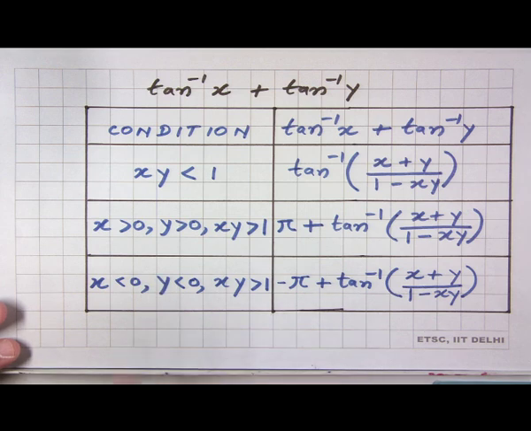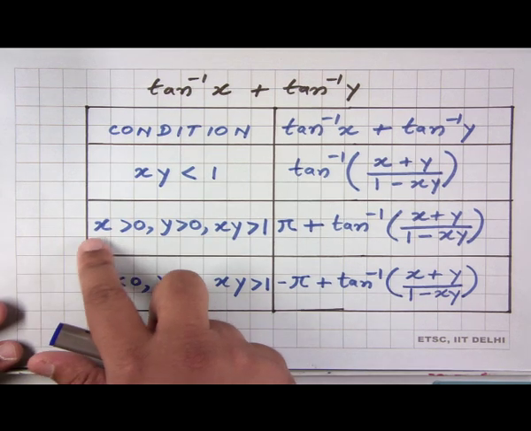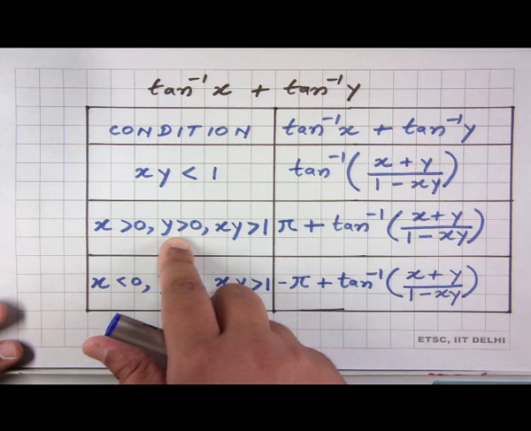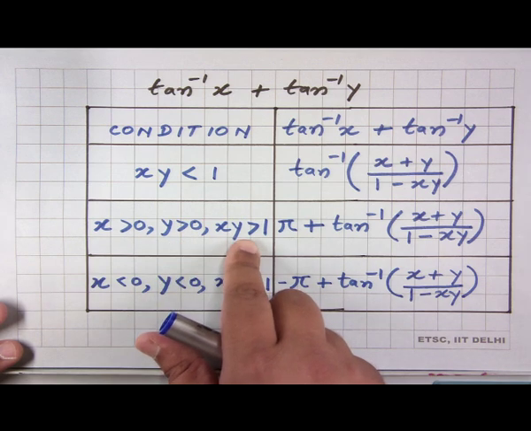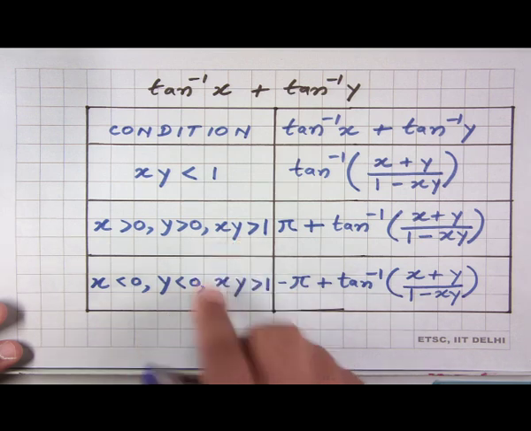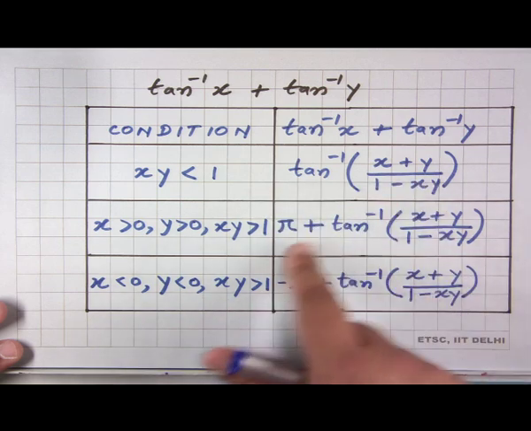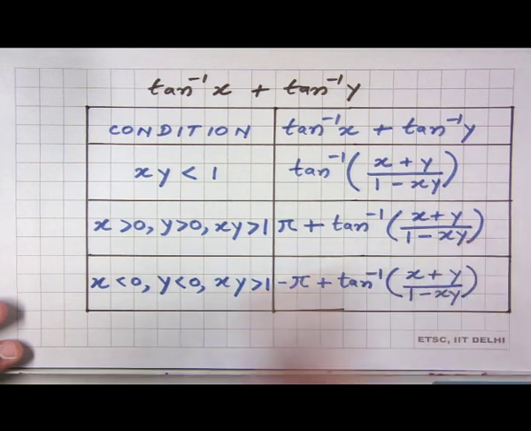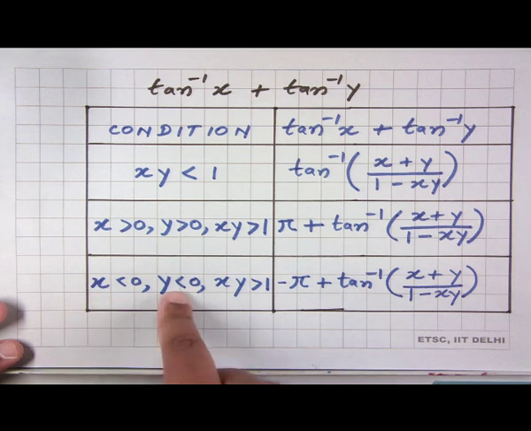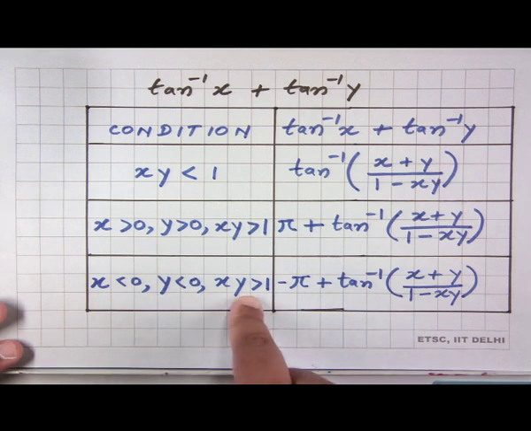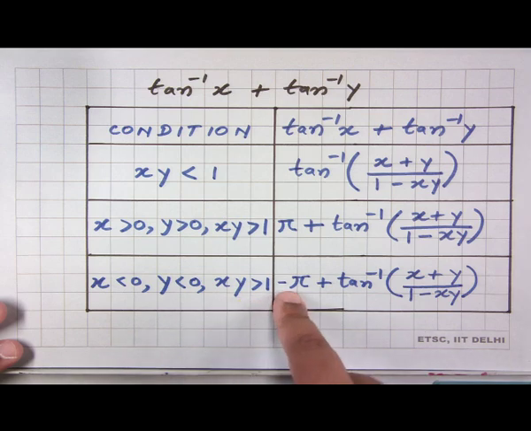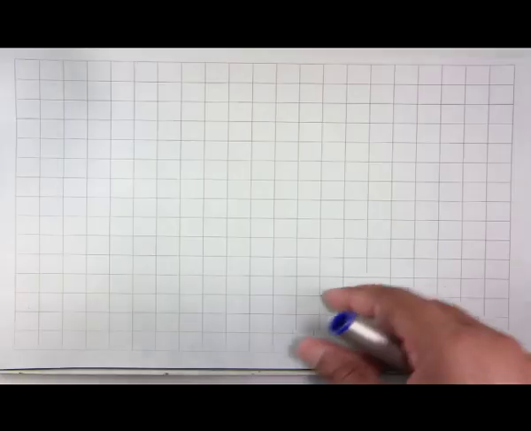For the other cases, if both x and y are positive and xy is greater than 1, in that case we will have to add a pi to this expression. On the other hand, if both x and y are negative, but the product is still greater than 1, we add a minus pi.